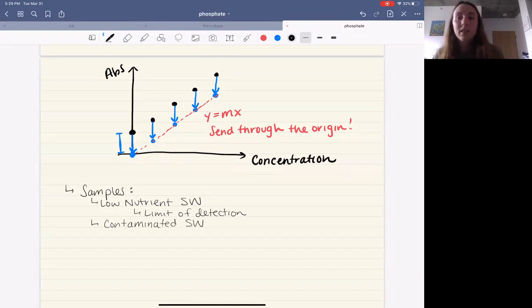Okay? This, kind of like I described at the beginning, maybe it's contaminated because of runoff that had a lot of fertilizer in it, and so now we have really high concentrations of phosphate in the seawater, and now that means we can detect these levels. Detectable.